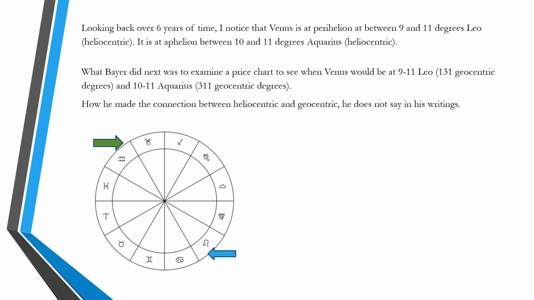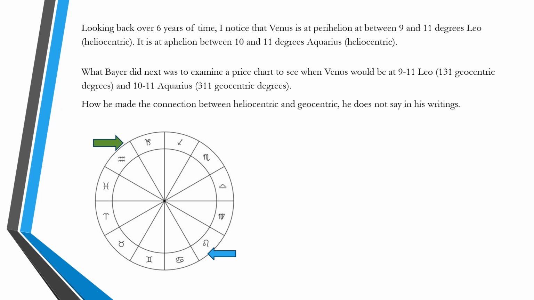Now, here's where it got a little weird. Bayer was able to see this same thing. He had tables of ephemeris data that he had purchased in New York City, and he knew that he was looking at this 9 to 11 degrees of Leo and 10 to 11 degrees of Aquarius for perihelion and aphelion. So he said, okay, let's take these heliocentric data points and let's just use the geocentric equivalent.